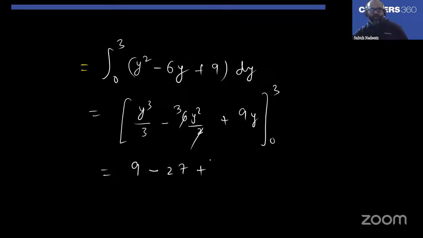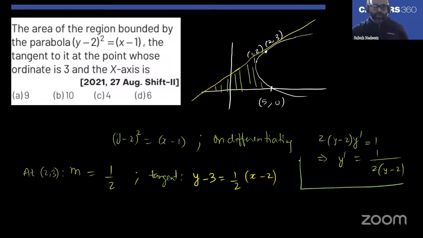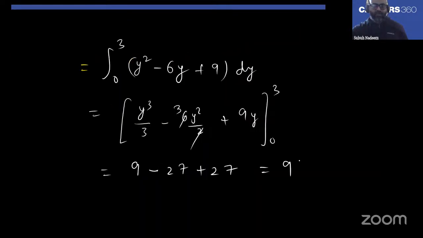And here, when we put 3, it becomes 27. So what we are getting? 9 square units. So what is the answer of this? Let us see. Option A. That is, A option is the answer. Yeah, correct.